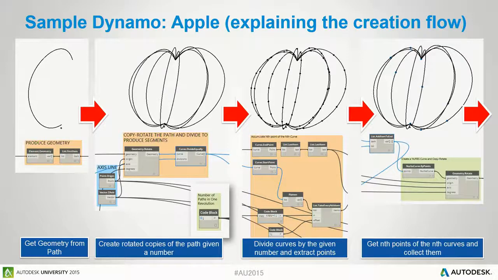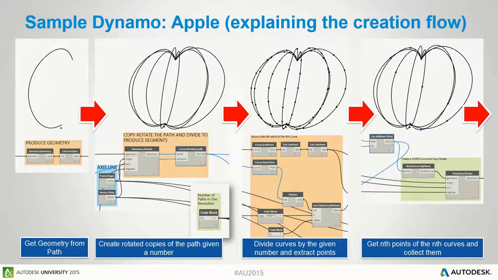Then we divide the curves by the given number of extract points. Here it's 8. So when we enter 16, the number of curves that will be copy rotated will also be 16, and the divisions that will happen here will also be 16.